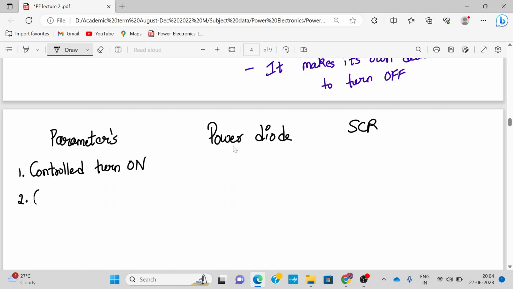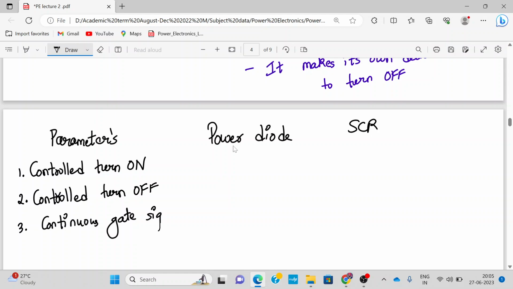Next parameter, let us write all the parameters. Controlled turn off. Then continuous gate signal requirement. This is the third parameter.